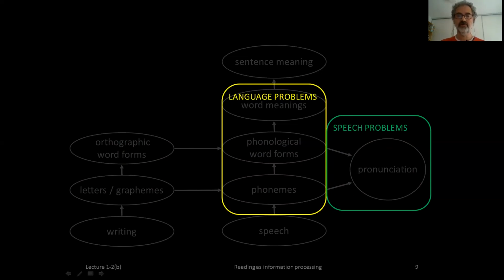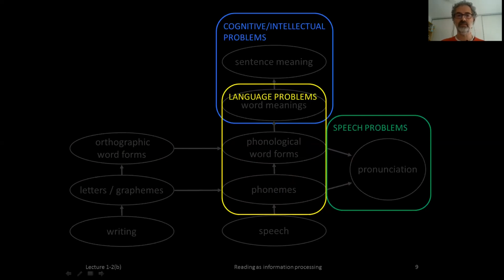So, for example, it's very important for speech therapists to be able to distinguish phonological problems from articulation problems. If someone has a language issue with their phonological word forms or with distinguishing different sounds, that requires a very different approach from someone who has difficulty converting that into something that can be articulated or with actually executing the articulation.